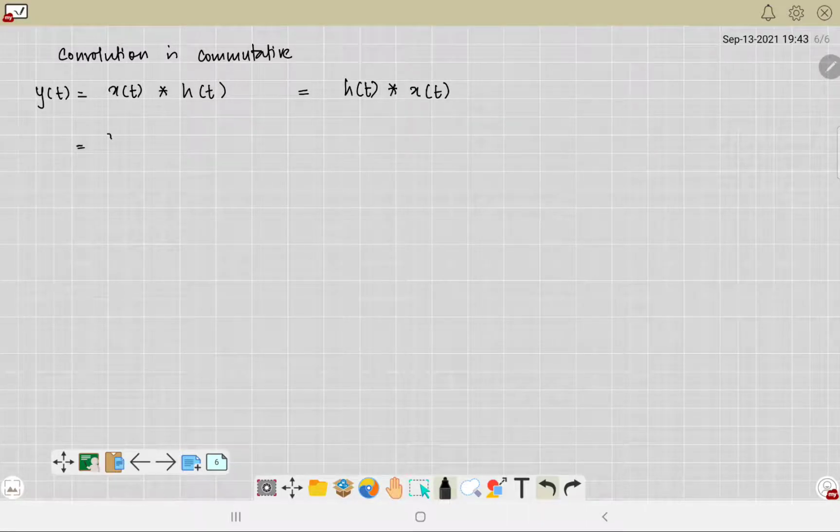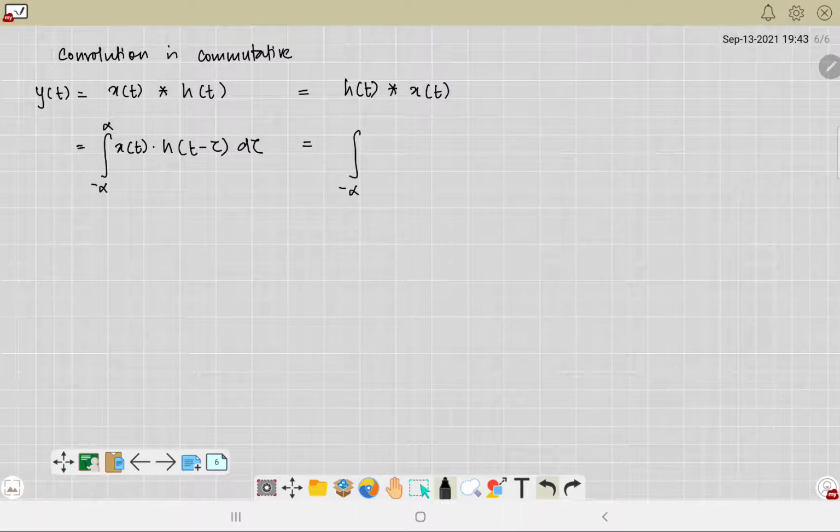And in terms of integral, it means that these two integrals, with d tau, they are the same. Fine. So you can use either of these. Sometimes it becomes easier to calculate this integral, sometimes it becomes easier to calculate this kind of integral. Fine. So this is the commutative property.